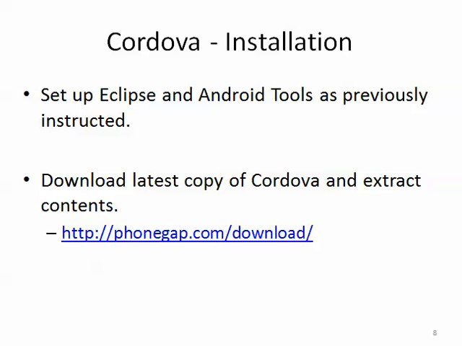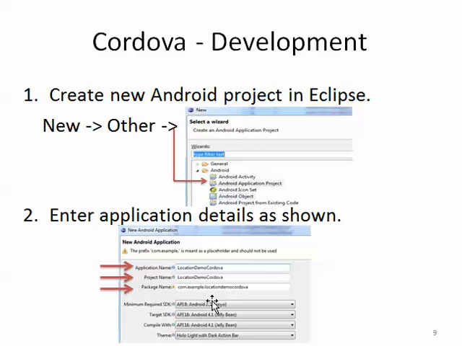But for this example, the development is okay. You do the setup of Eclipse and the Android tools as we're supposed to do. It says to have it ready, and then download the latest copy of Cordova. Then you create a new Android project and follow the steps there.